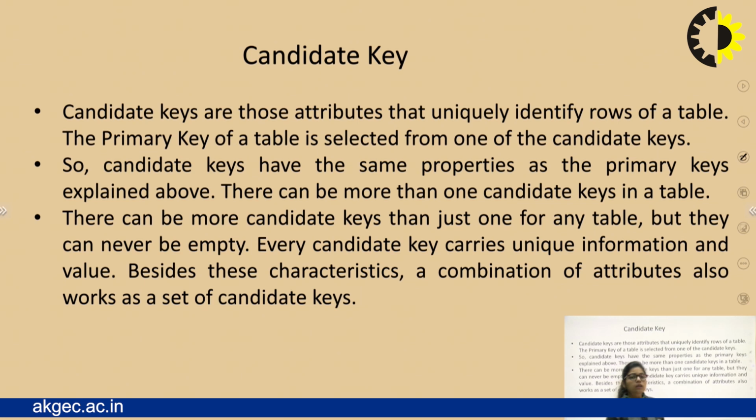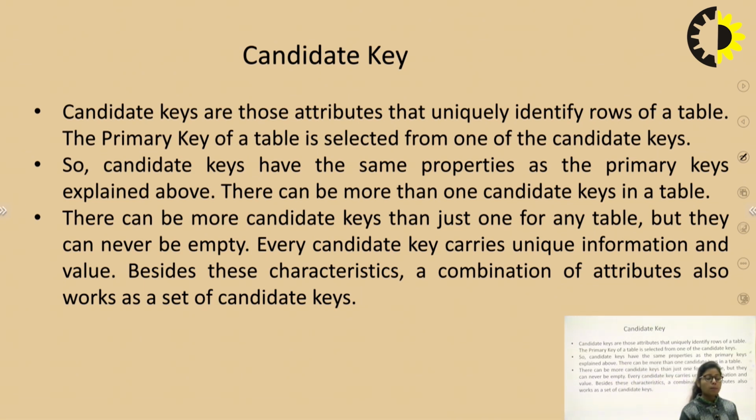Every candidate key carries unique values. Besides these characteristics, a combination of attributes can also work as a candidate key. In some relations we have a problem: we don't find a single unique candidate key. At that time, we combine many different keys and make one unique candidate key.